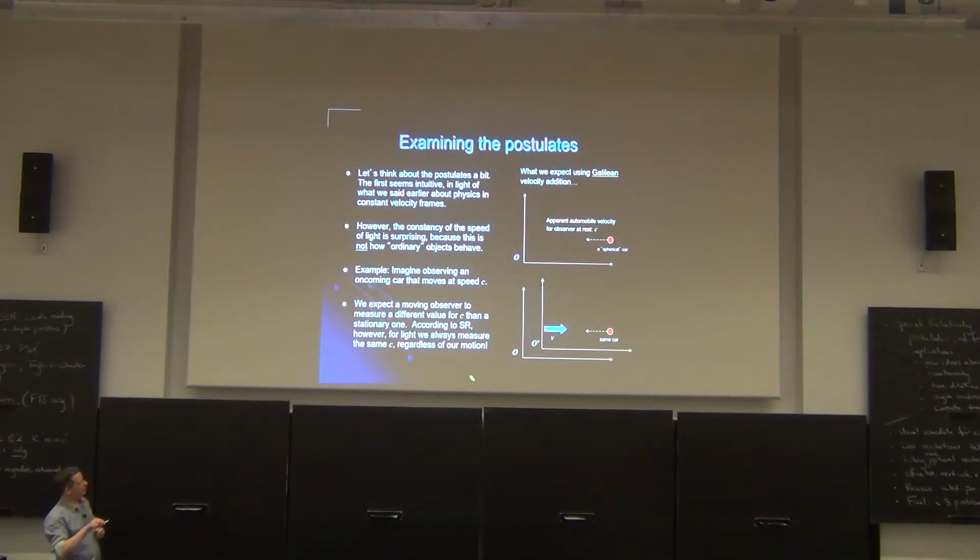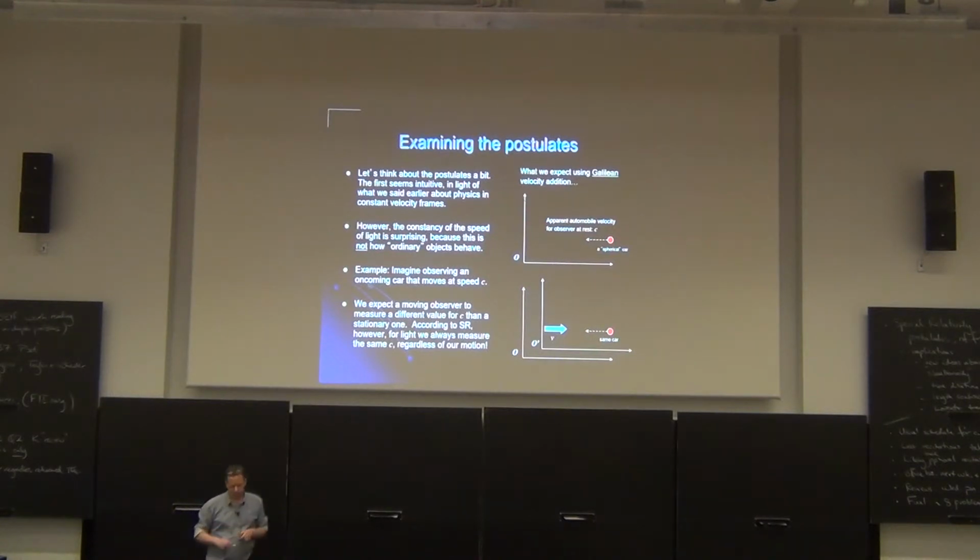But what I want you to think about is how that would appear if instead of being observer O, you're now observer O prime. Again, this is standard notation, just a different reference frame. But now I'm in a reference frame that is moving towards this oncoming car with a certain constant velocity v. Okay?